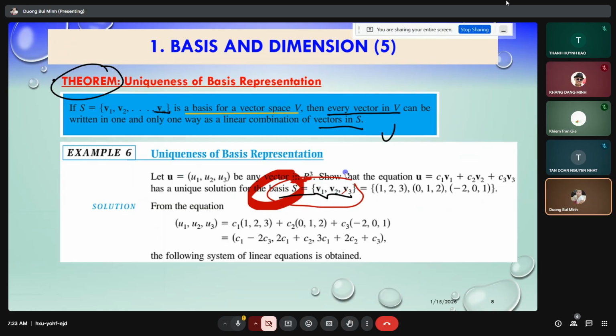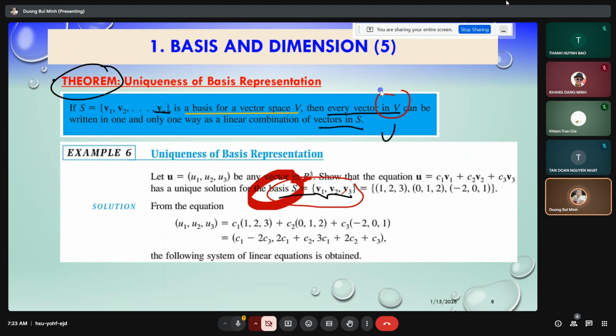So this is the basis. Again, the basis means any vector in vector space V can be written in one and only one way as a linear combination of the basis vectors. Now we understand the basis.